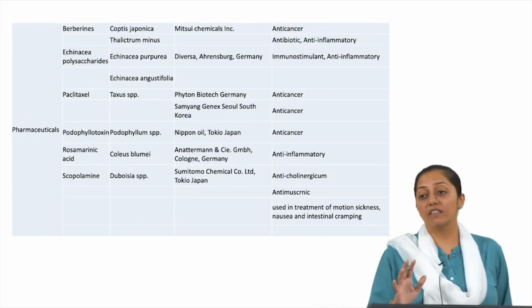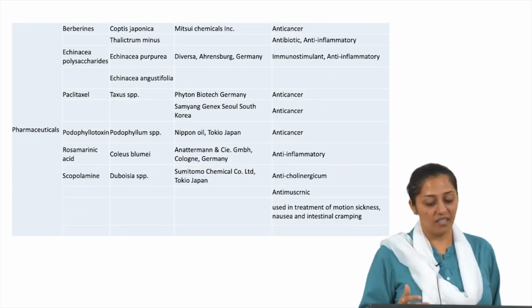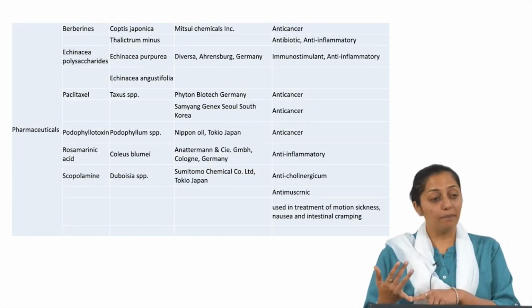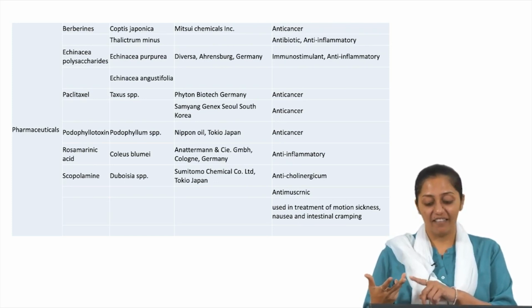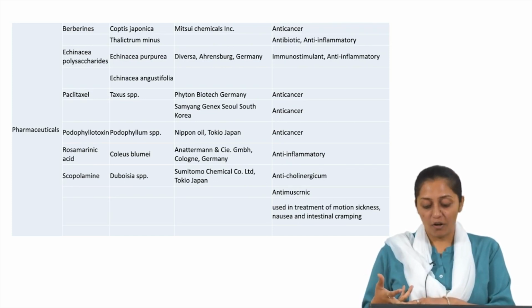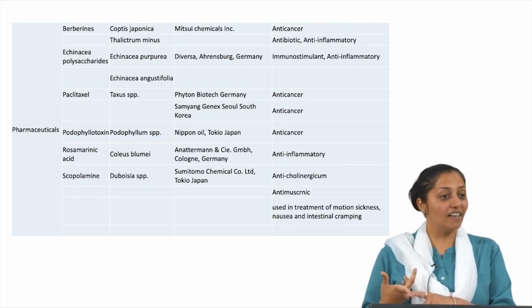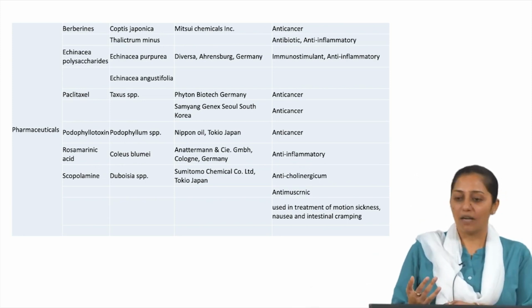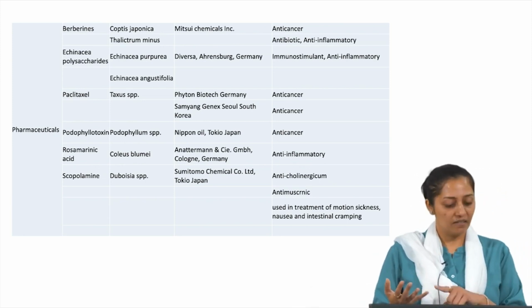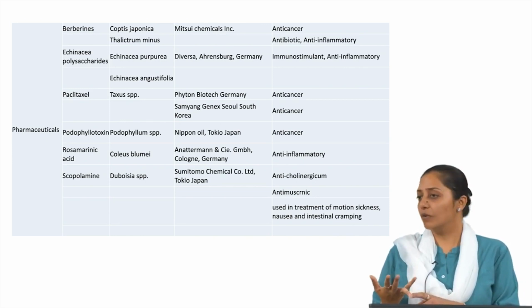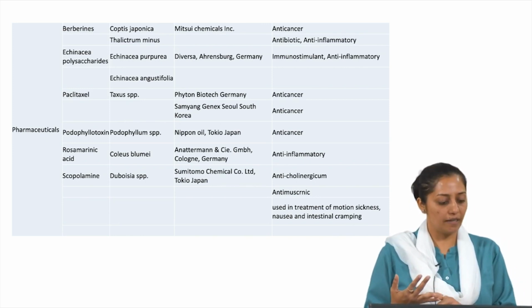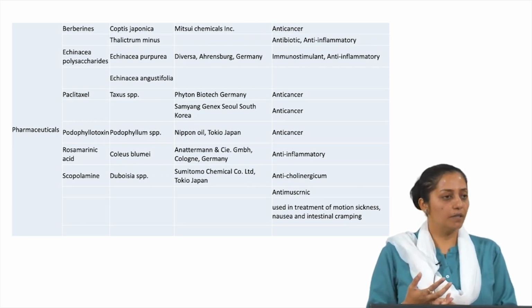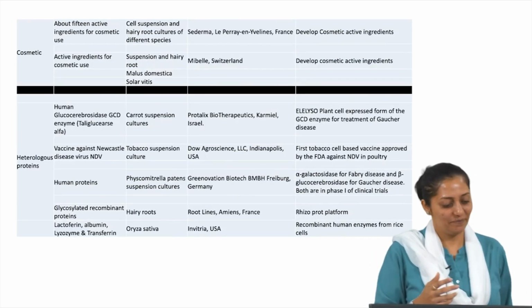These are pharmaceuticals which are getting produced commercially. Anti-cancer, antibiotic, anti-inflammatory, then for the treatment of motion sickness, nausea. So then pharmaceuticals like berberine, then paclitaxel is well known, it is the Taxol drug which is used for anti-cancer, vincristine, vinblastine, then even your podophyllotoxin.